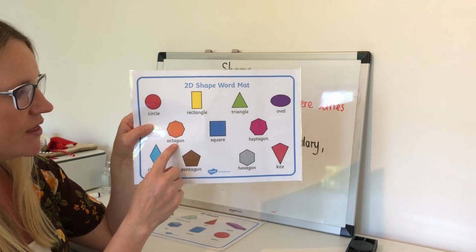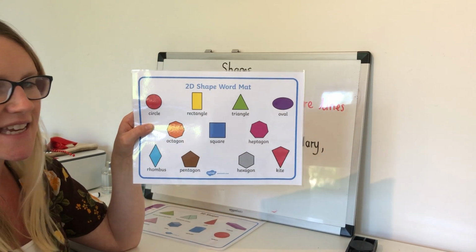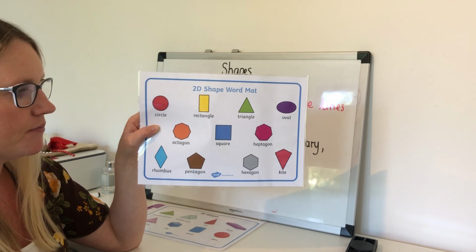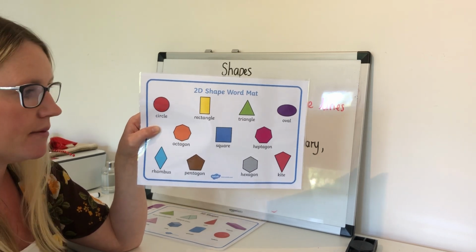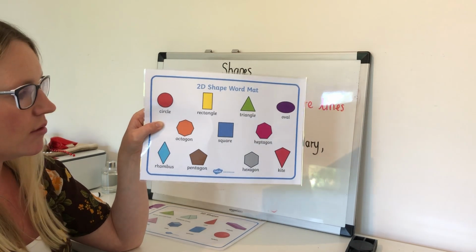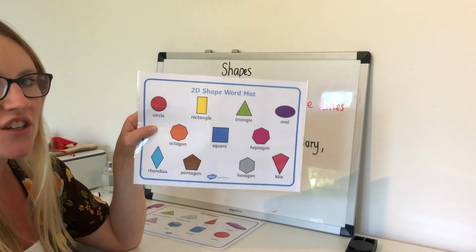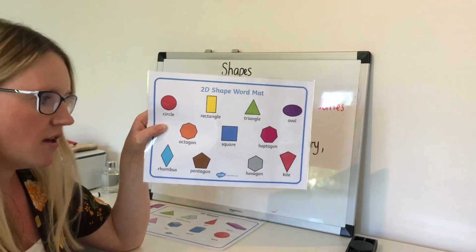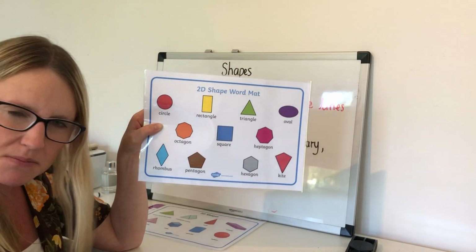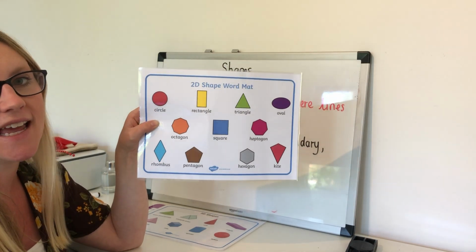Do we know what this one is? It's an 8-sided shape. It's regular, which means all the sides are the same length. They are equal. It's called an octagon. Now, the way I remember an octagon is I think of an octopus. And an octopus has got 8 legs.